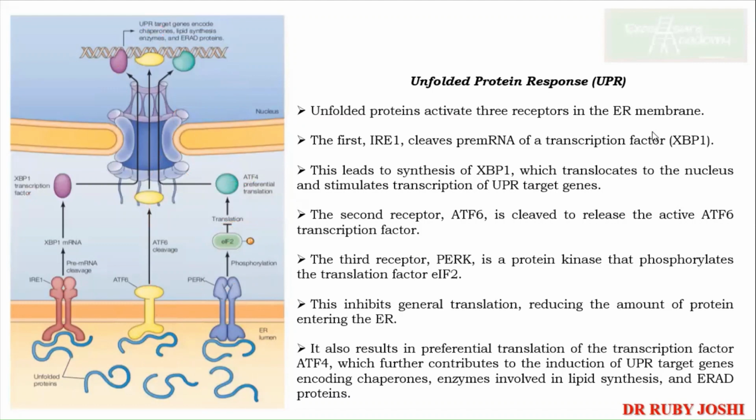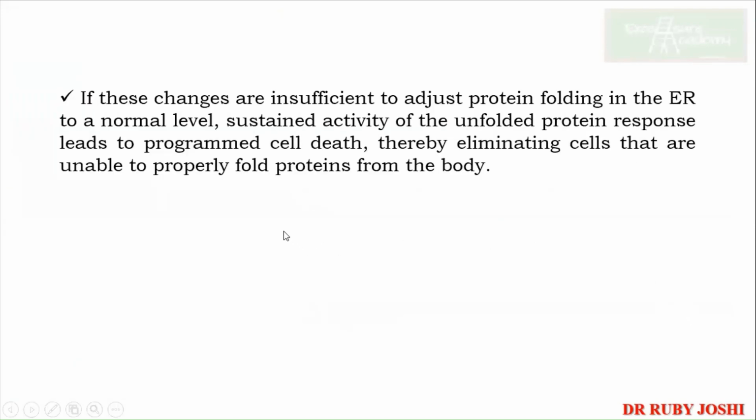Yes, ma'am. Okay. So if these changes are insufficient to adjust protein folding in the ER to a normal level, sustained activity of the unfolded protein response leads to programmed cell death, thereby eliminating the cells that are unable to properly fold proteins from the body.